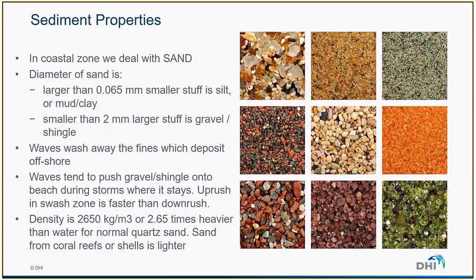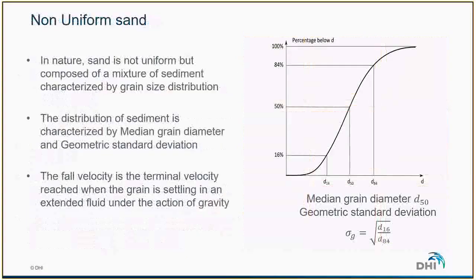And waves also have an impact on the larger sediments such as gravel and shingles, which can be pushed on the beach during storms. As we can see on the illustration, the sand can have different aspects, and that's why we very often have to deal with a non-uniform sand.